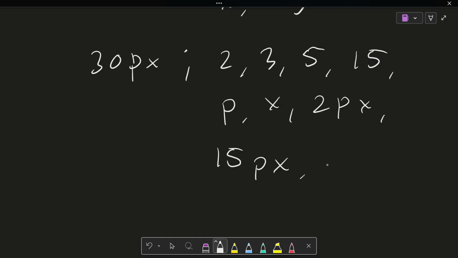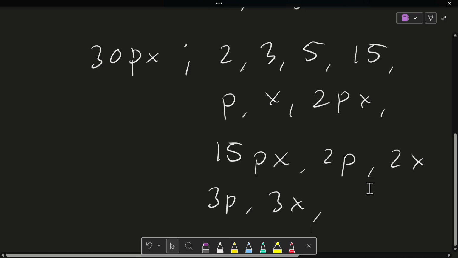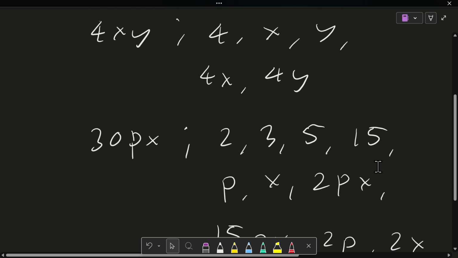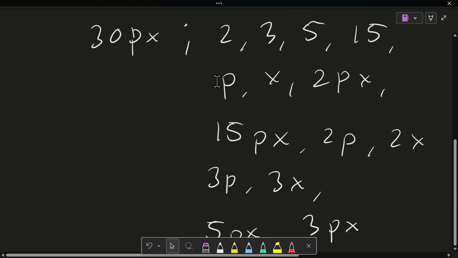Let me put here 2p, 2x and 3p, 3x. Another one will be 5px, and 3px. So these are all the factors.